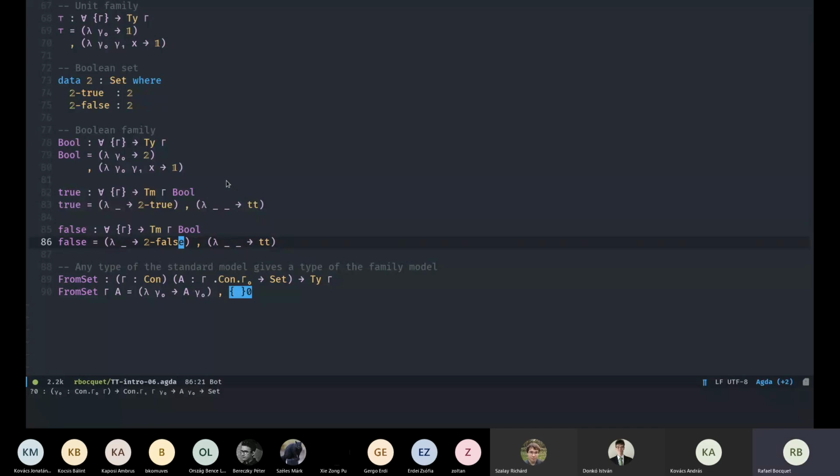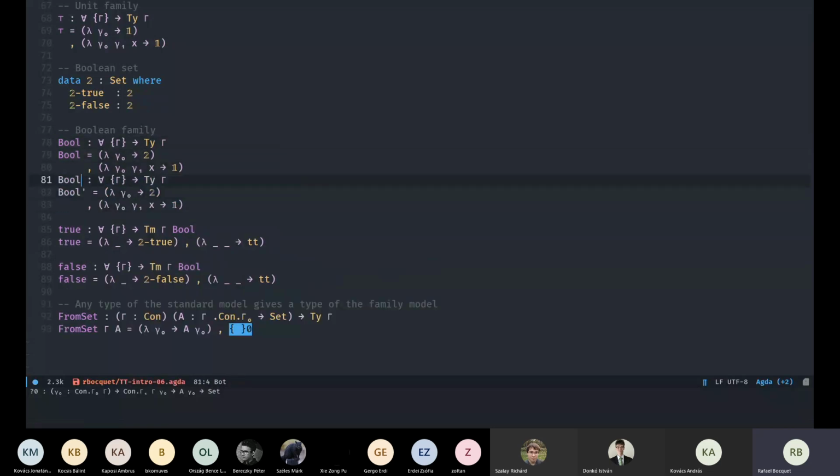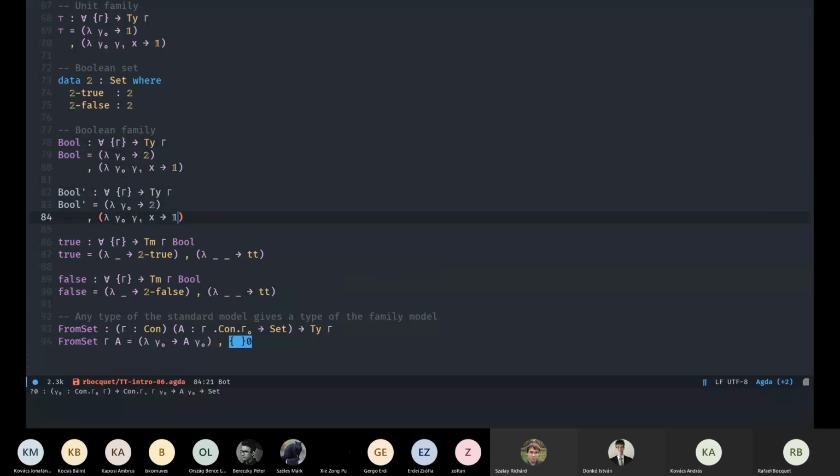So another way to look at this is to define the second component to consist of a Boolean as well.